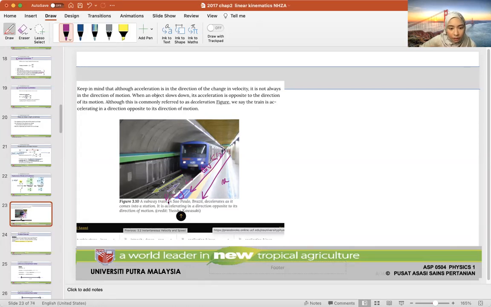And the final velocity is 0. Let's say kat sini dia punya initial is 50 meter per second. So what is my acceleration? Average acceleration is the change in velocity over the change in time.